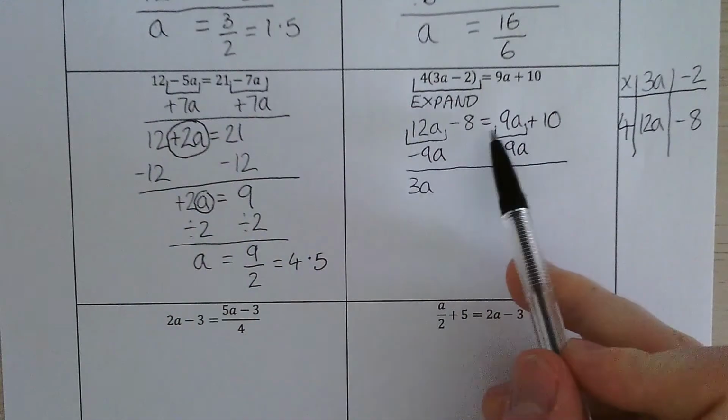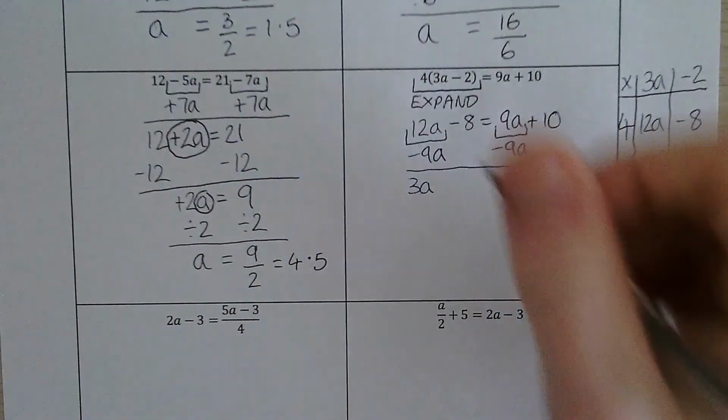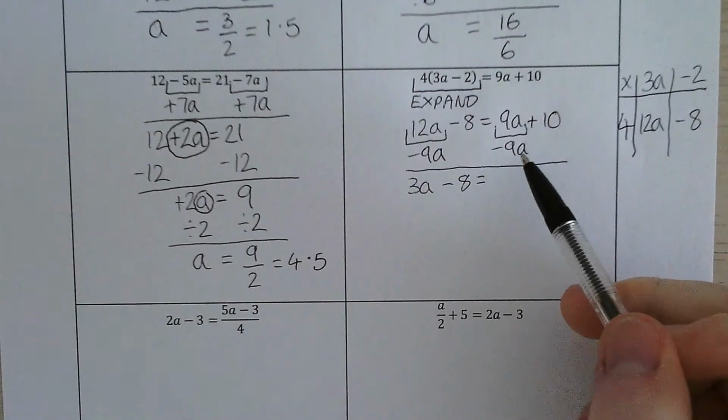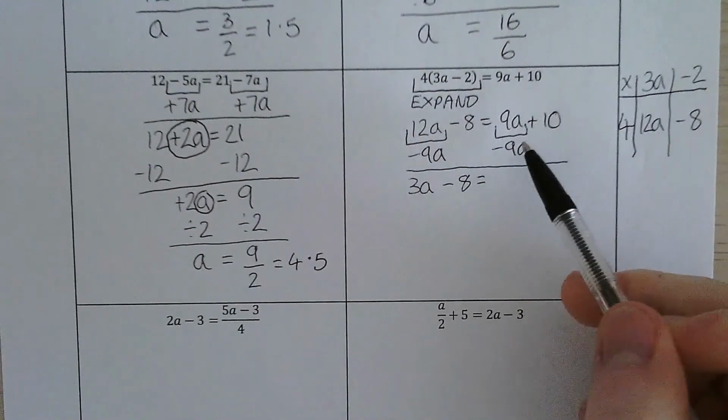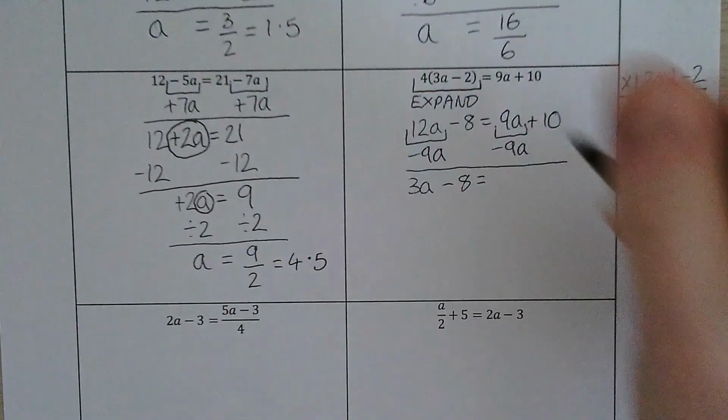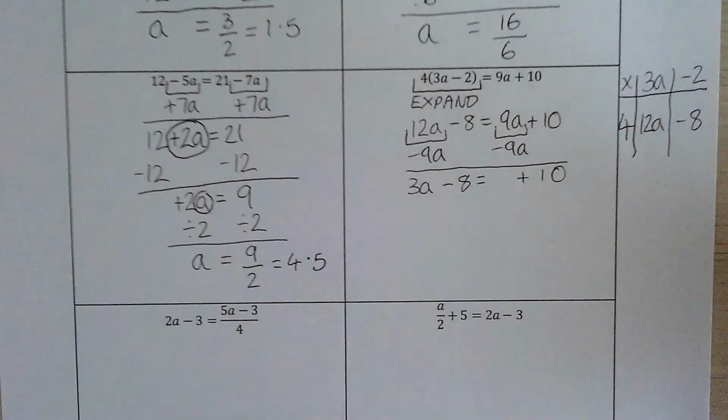The minus 8 and the equals were not used, so we'll drop those down. 9a take away 9a, they equal 0, so we don't write anything here. The plus 10 was not used, so we drop that down.